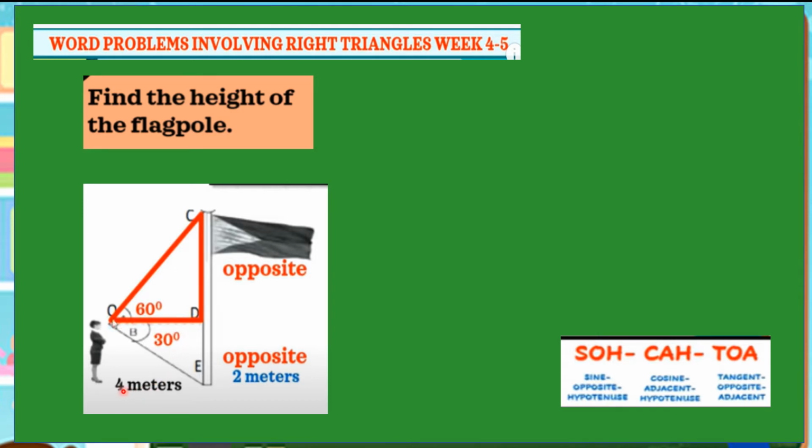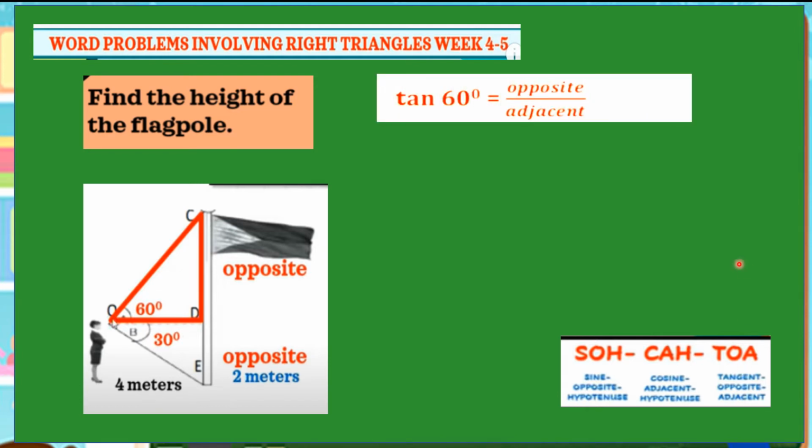So ang measurement nitong adjacent side natin is 4 meters because it is the distance between the boy and the flagpole. So again, saan natin kukunin ang formula na gagamitin? Kung ang merong given ay opposite side na nawawala at meron tayong 4 meters as the adjacent side. So, we are going to use tangent.